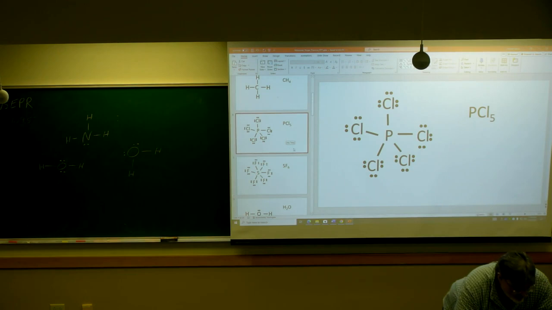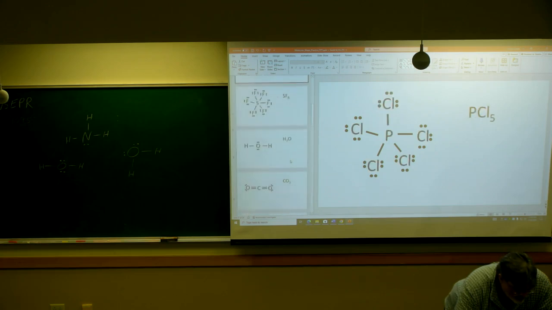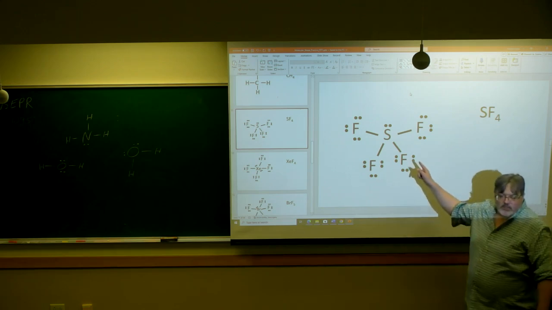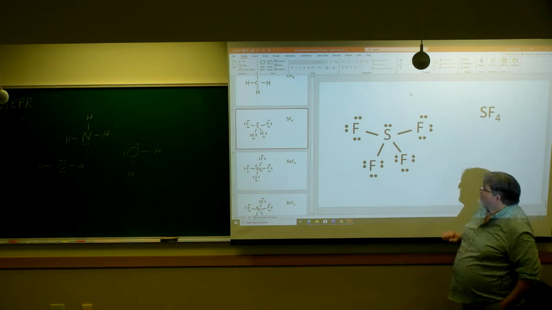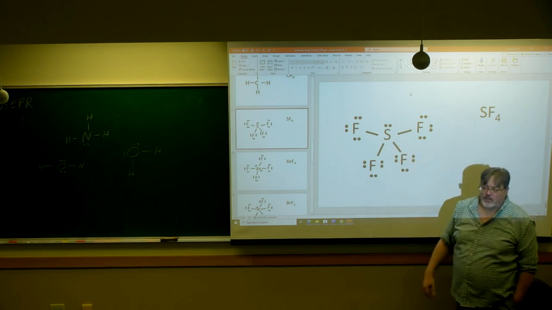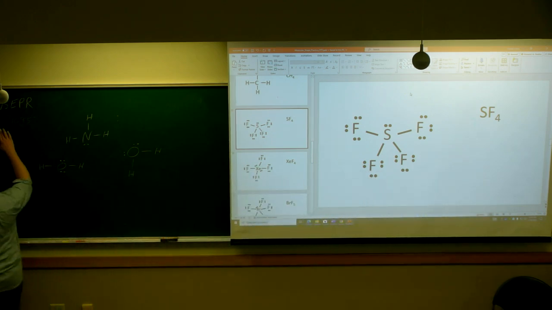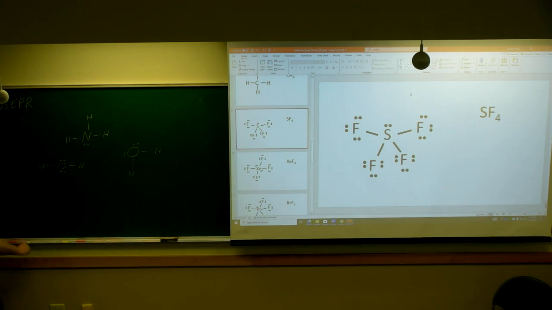All right, so 5, and then there's one more when there's 6 things around it. Let me find one. All right, SF4. How many electron domains do you see around the sulfur? It's 5. So for that previous one, we would have landed on trigonal bipyramidal.